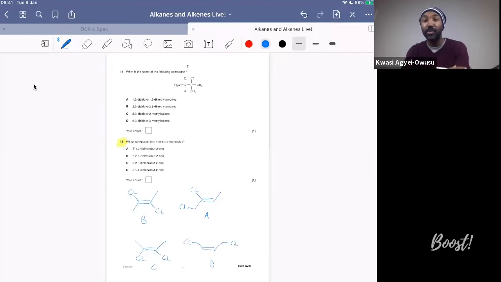Okay, right, so now that we've got all four structures drawn, in each of those structures, we've got polar bonds. Each of the carbon-chlorine bonds is polar, with the delta minus on the chlorine atom and a delta plus on the carbon. But if there are polar bonds which are cancelling each other out, in other words, you've got a symmetrical molecule, then overall that molecule is going to be non-polar. Okay, so with A, you can have a dipole moment in that direction.